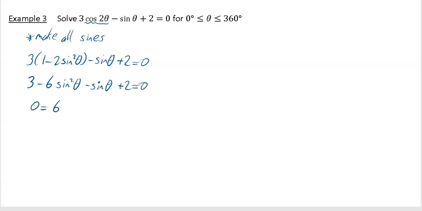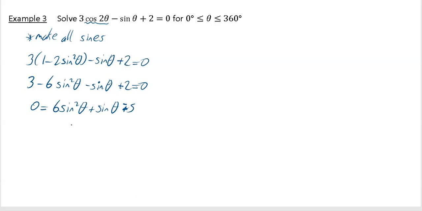So 0 is equal to 6 sine squared theta plus sine theta plus 5. Oh, that should be a minus 5. Let's get rid of that. That's going to be minus 5.